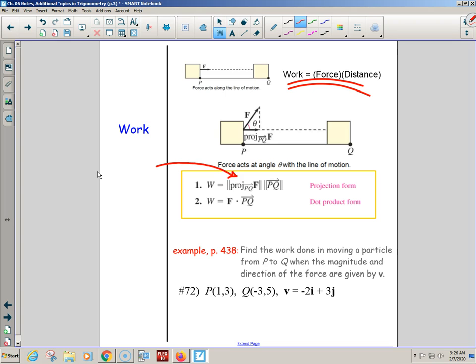Long story short, I want you to imagine that the stool is the box at point P. I want you to imagine I have a rope over my shoulder. If it wasn't a minimum bid, I would actually go get my rope and show you, but that's okay. Imagine it. You guys are creative. A rope over my shoulder tied to the stool, and I start walking and dragging my stool. If I start dragging my stool, work is being done because I am putting in a force and I am covering a distance.